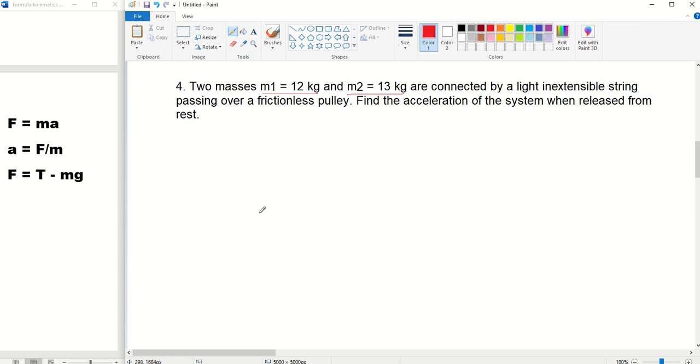So, ngayon, illustrate natin. Paano ba yan? So, meron tayong mass 1, M sub 1, and then meron tayong mass 2. So, 1 kilogram na naman yung pagitan nila. So, for sure, 9.8 newtons ang magiging summation of force o yung net force natin. Pero papakita ko pa rin paano.